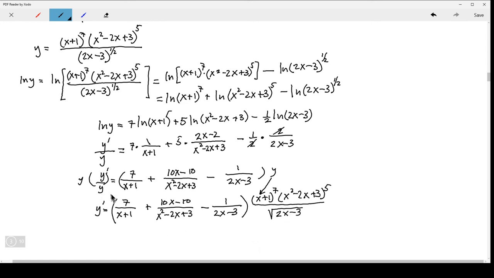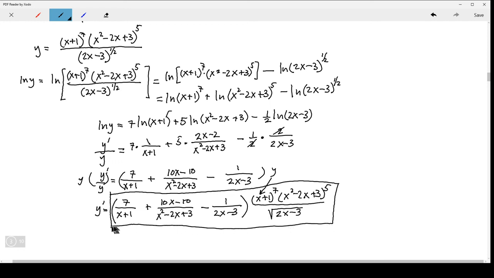All right, so this is the answer to finding the derivative of this monster right there. All right.